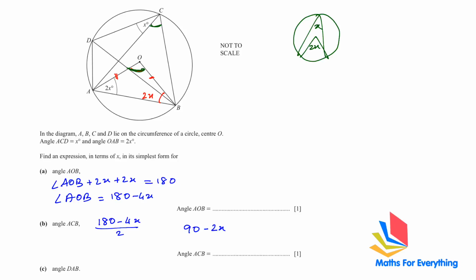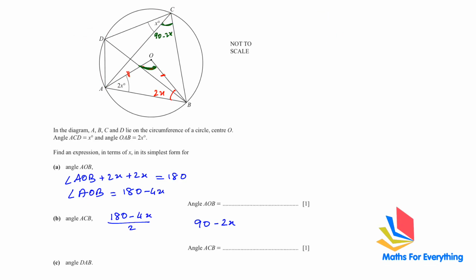And then the next question, find angle DAB. In part C, we have to find angle DAB. So this is the angle we are looking at, DAB. You need to know the cyclic quadrilateral rule.